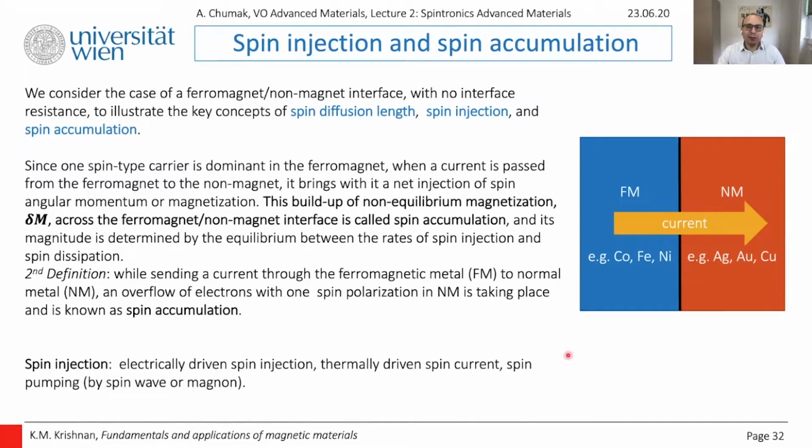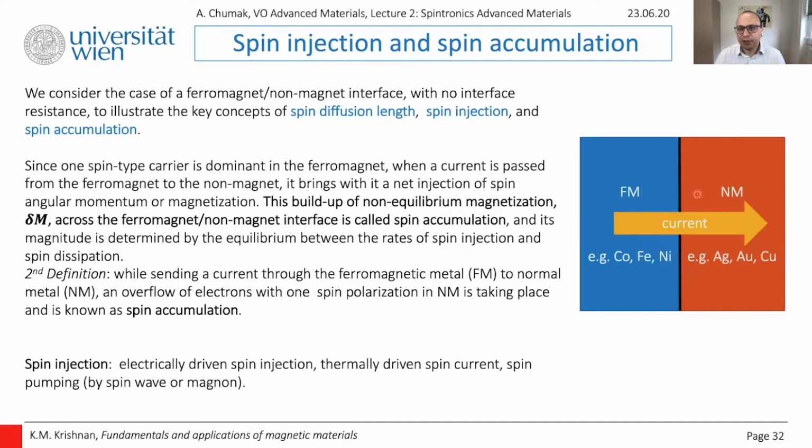Of course, I should tell you that this is only one mechanism by which you can inject spins into a normal metal. There are others also. For example, instead of applying electric current, you can excite magnetization precession, the so-called spin pumping mechanism.